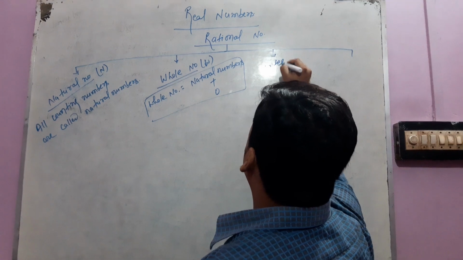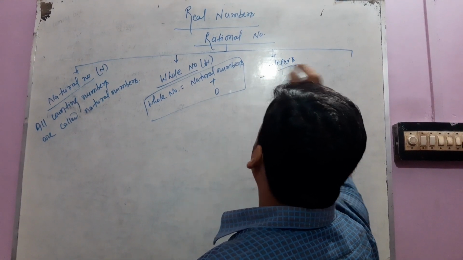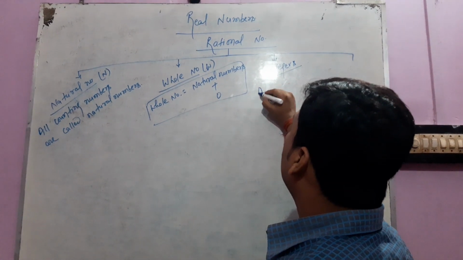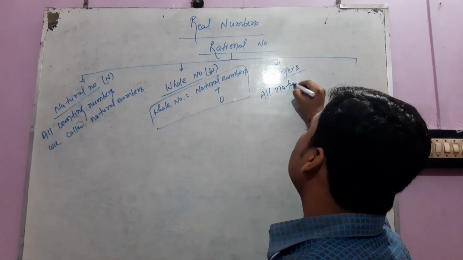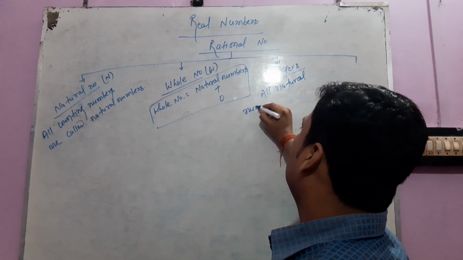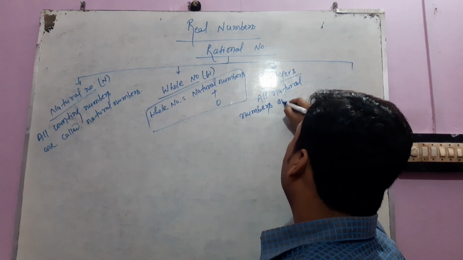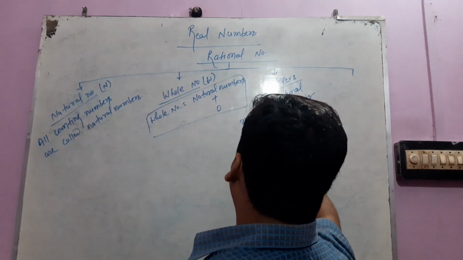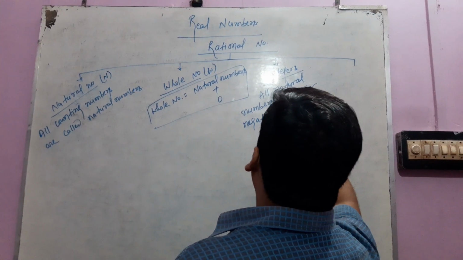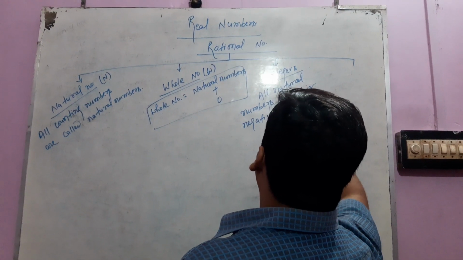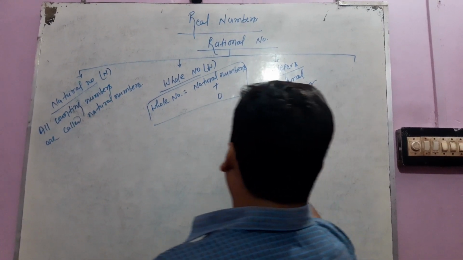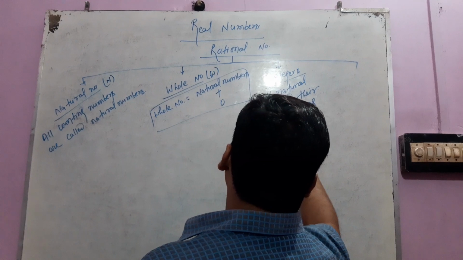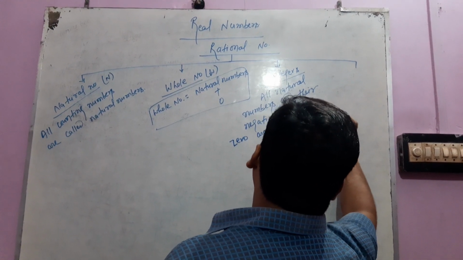Okay. Now next, integers. All natural numbers and their negatives, including 0, are called integers.